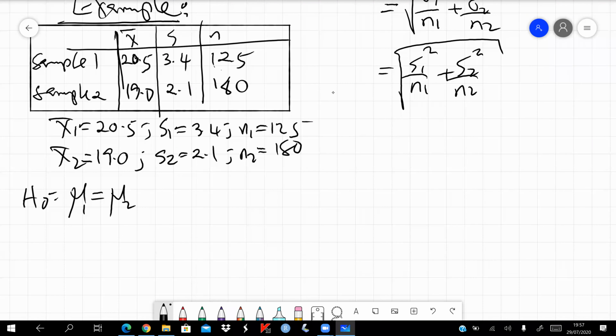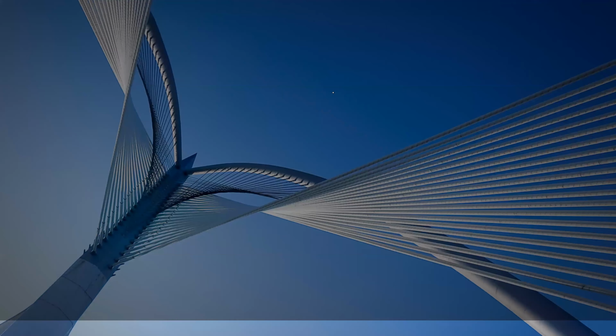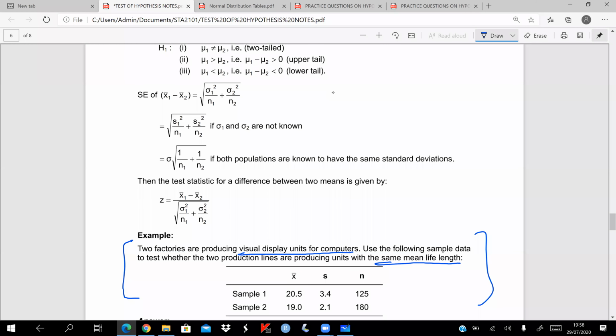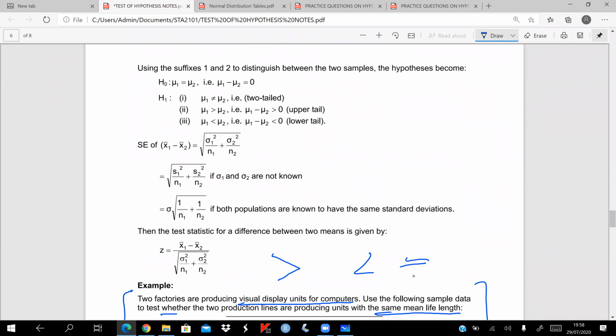Then H1 will be guided by the question. But of course, we shall have a mu1 and a mu2. So what is the question that we are trying to answer here? Test whether the two production lines are manufacturing units with the same mean life length. Is there something to suggest a greater than, a less than, or are we checking whether they are different? Not equal to.